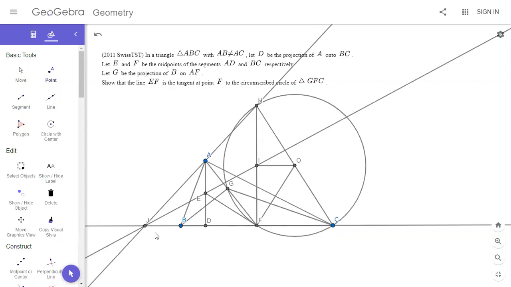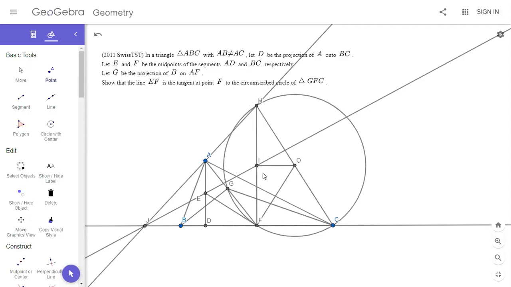So maybe like a homothety. We want to show angle EFA. So by homothety, EFA is equal to ICH. And we want to show ICH.